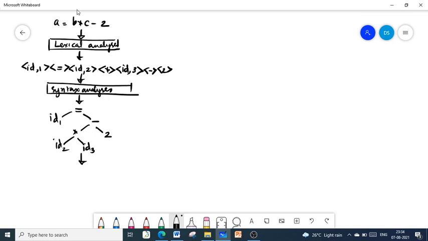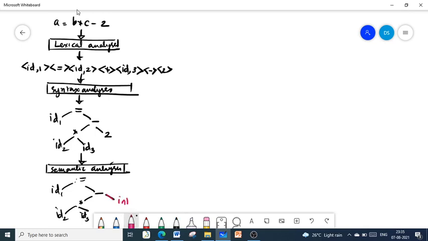That will be given as the input to the semantic analyzer. The only change is that int to float, or int to real, will take place on 2.